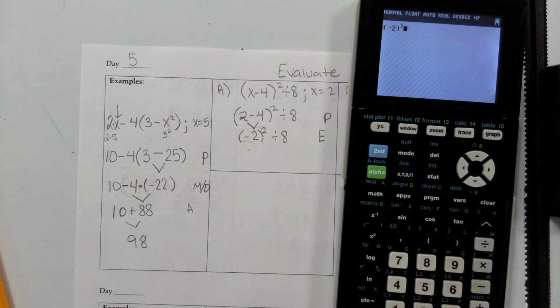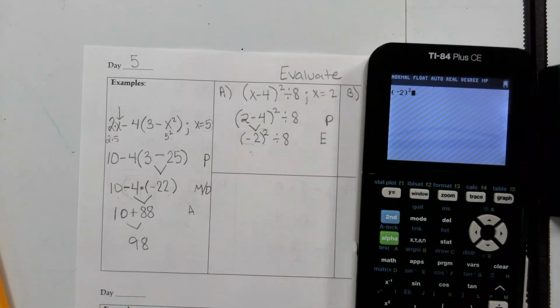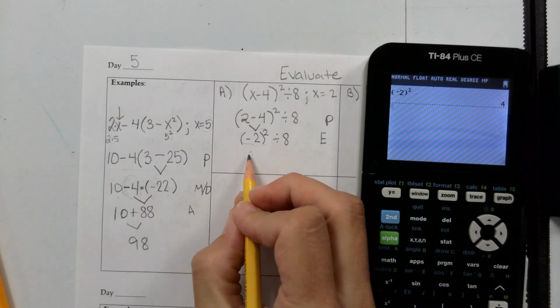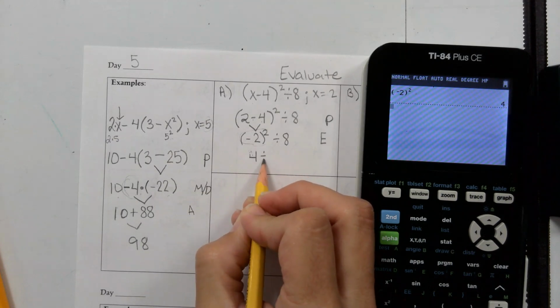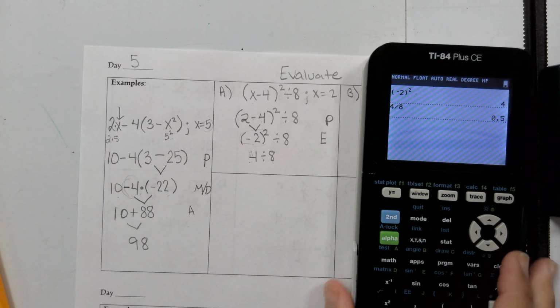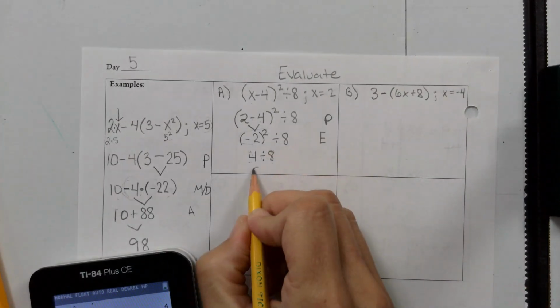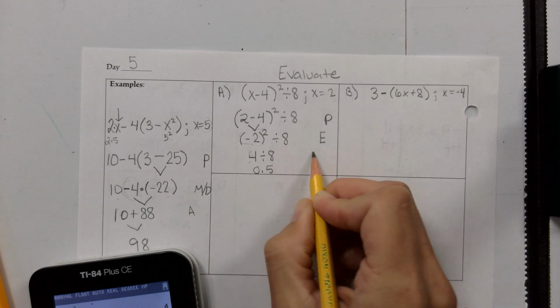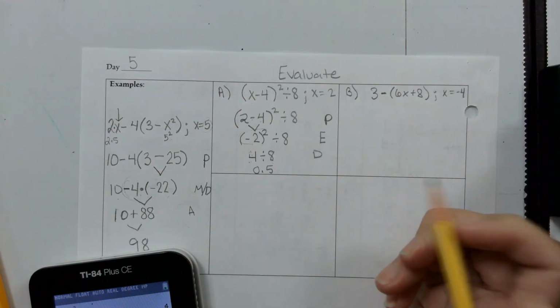So squared. Okay, negative 2 squared is the number positive 4. And we get a little bit excited here because 8 and 4, well, that has to be 2, right? Again, if I type it in, it's not 2, it's 1/2. Because you're taking $4 and you're splitting that $4 amongst 8 people. So that's 0.5. So here we did our division, and we didn't have any addition and subtraction to do.